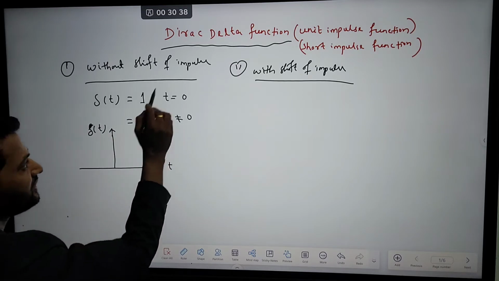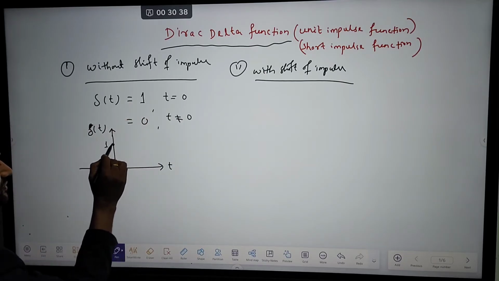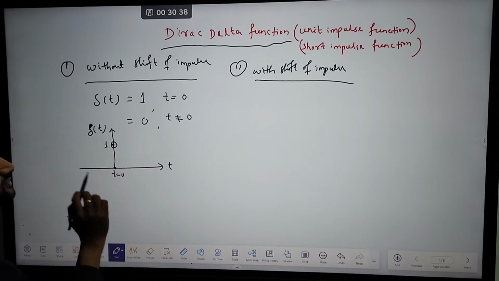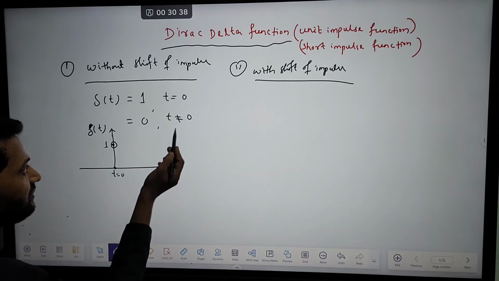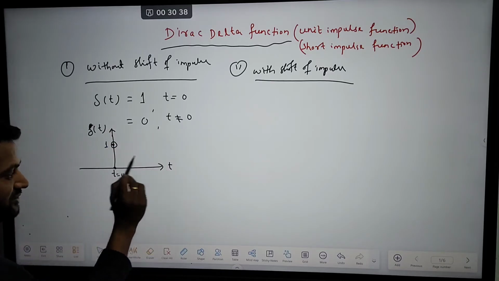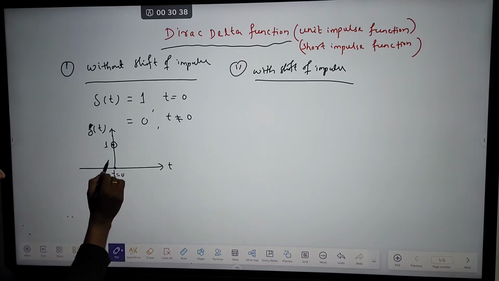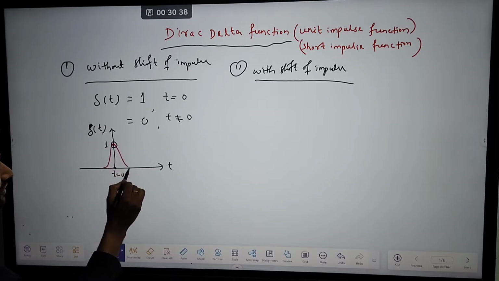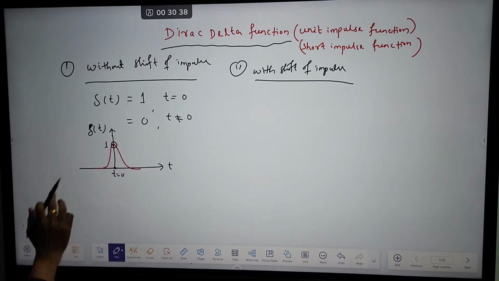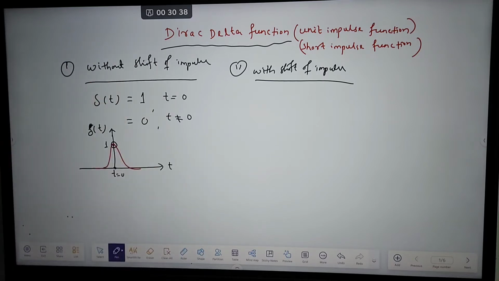When t is equal to 0, del t is 1, and when t is not equal to 0, del t is 0. T is not equal to 0 matlab positive हो सकता है, negative side भी हो सकता है. So this is the graphical form of the Dirac delta function without shift of impulse.